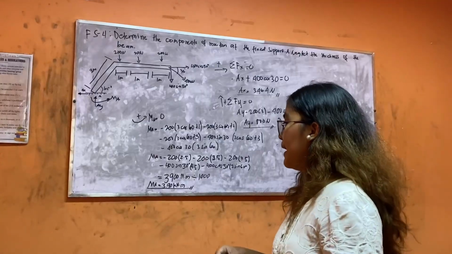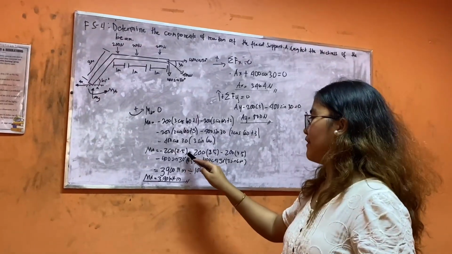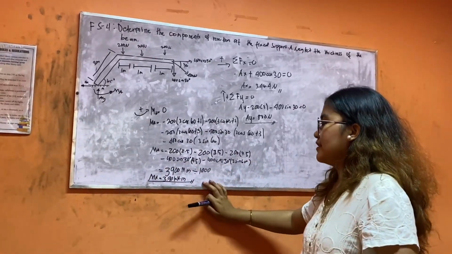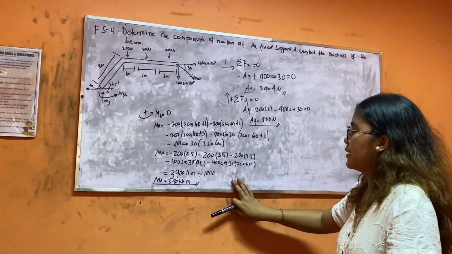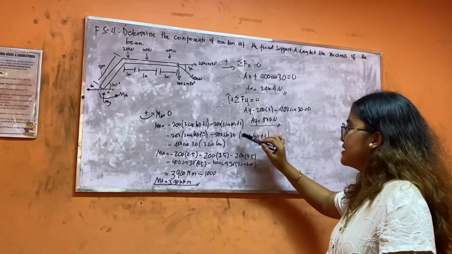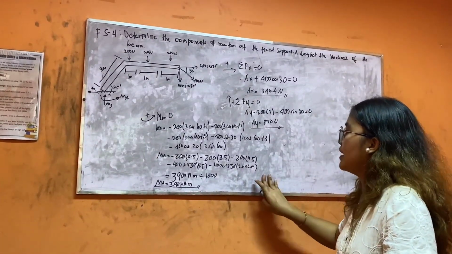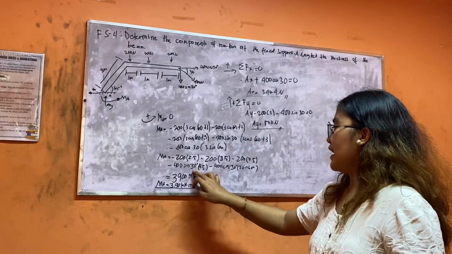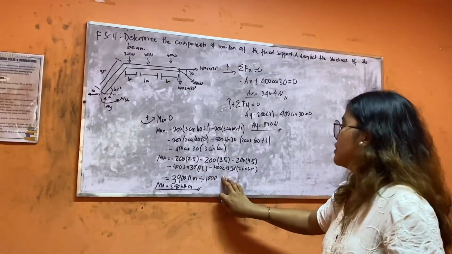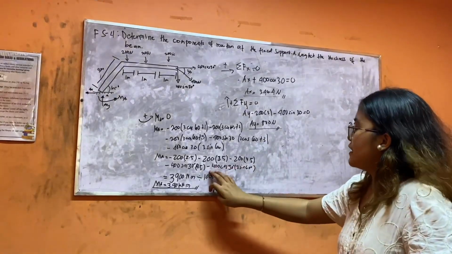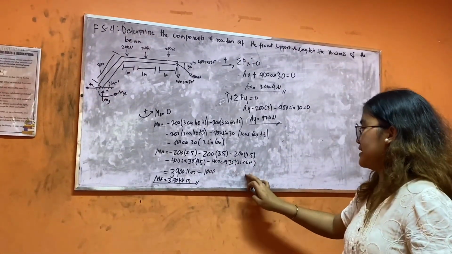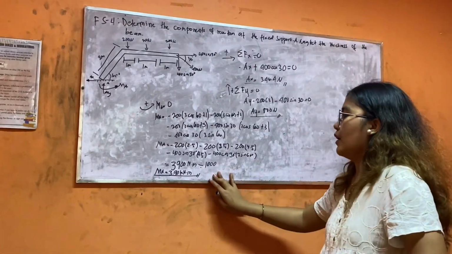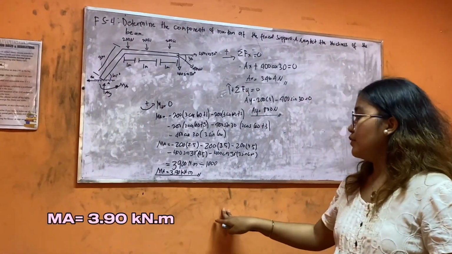So MA equals negative 200 times 2.5, because our 2.5 is the result of 3 cosine 60 plus 1, minus 200 times 3.5, because 3.5 is 3 cosine 60 plus 2, and negative 200 times 4.5, because it is 3 cosine 60 plus 3, and negative 400 sine 30 times 4.5, because it is 3 cosine 60 plus 3, and negative 400 cosine 30 times 3 sine 60, which equals 3,900 Newton meter, and we divide it by 1,000. So our MA equals 3.98 kilonewton meter.